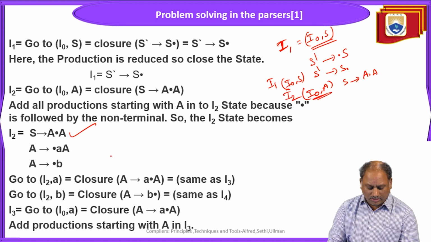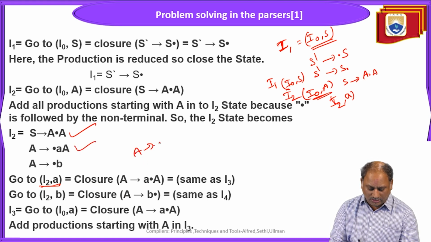Now in I2 also, once again we perform until this reaches the end. So that's why here I2 once again with capital A, I2 with small a, I2 with small b. So I2 with small b, what happens? With small a derives the dot AA production.